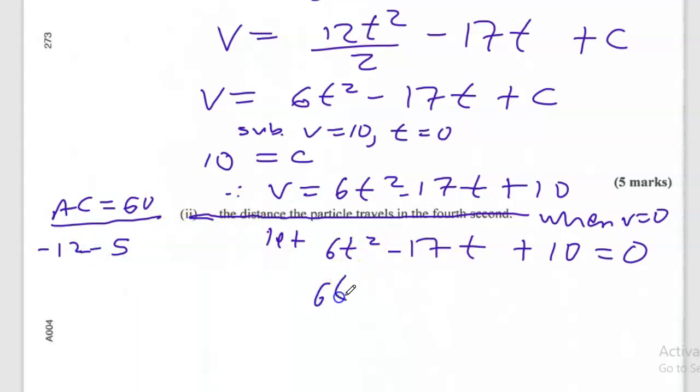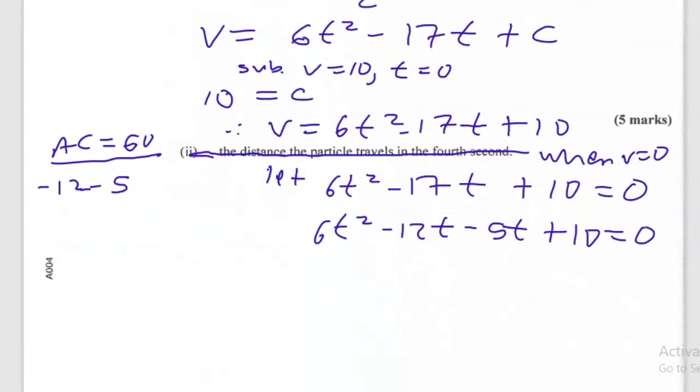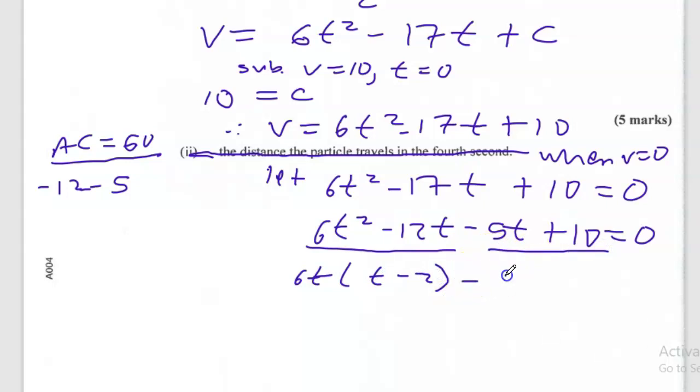So we write 6t squared minus 12t minus 5t plus 10 equal to 0. So we factor by grouping. So we have 6t, and then we factor out what now? t minus 2. In the other pair, we factor out minus 5. And we have t minus 2 equals 0.